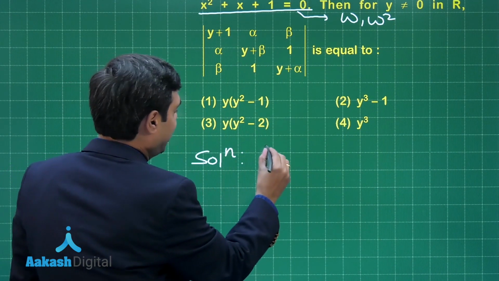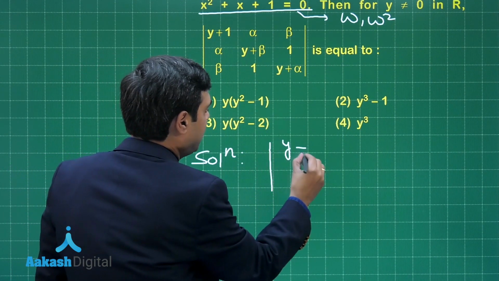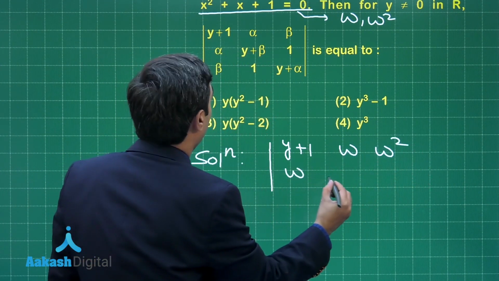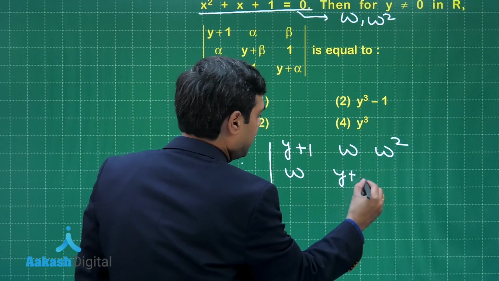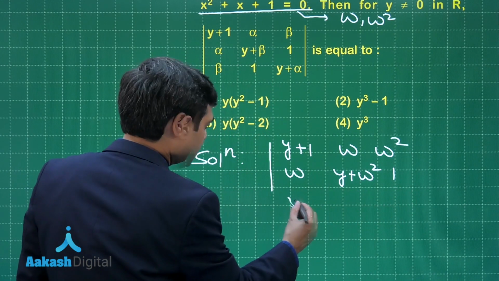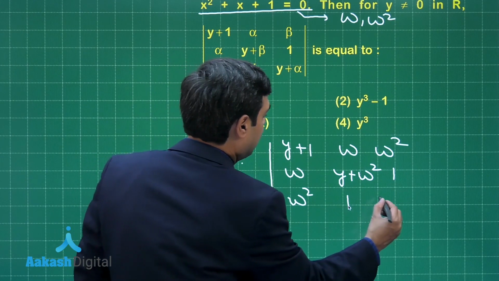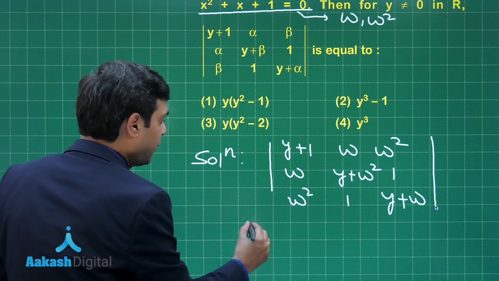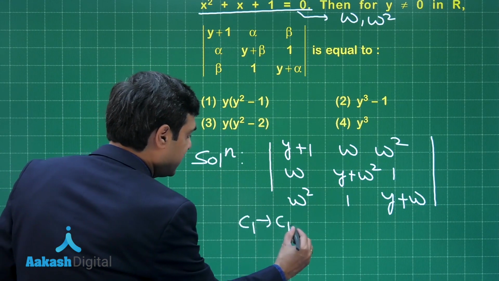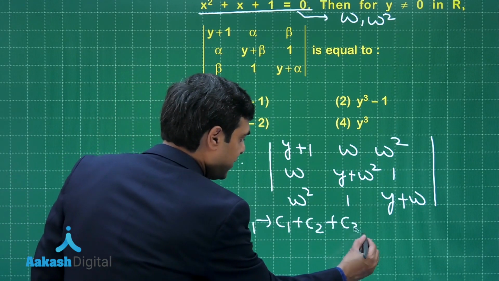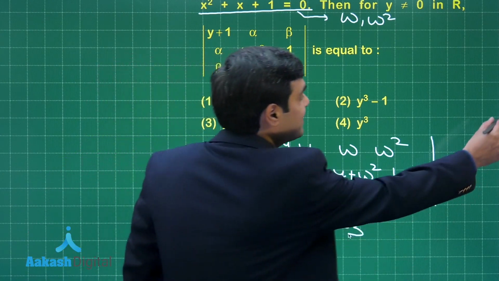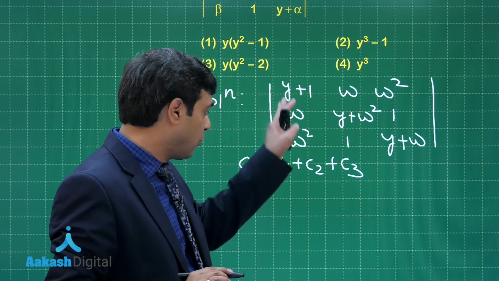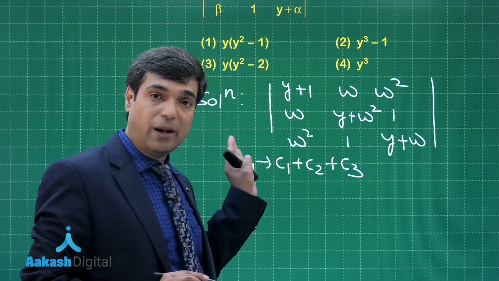So we are getting here the determinant with rows (y + 1, ω, ω²), (ω, y + ω², 1), (ω², 1, y + ω). Right. Now if I apply the operation C1 replaced with C1 + C2 + C3, we will simply be getting y + 1 + ω² throughout the first column, which can be taken common, right?